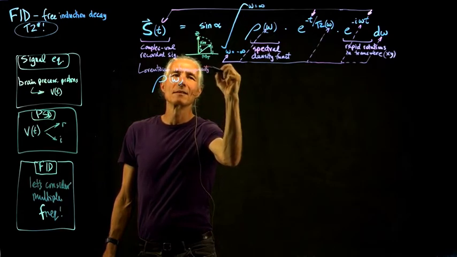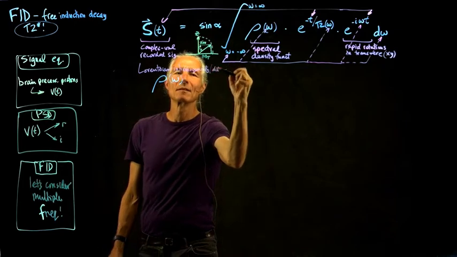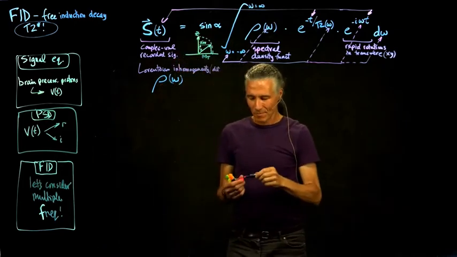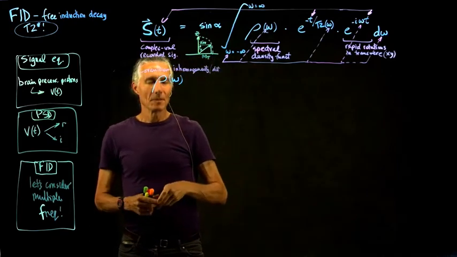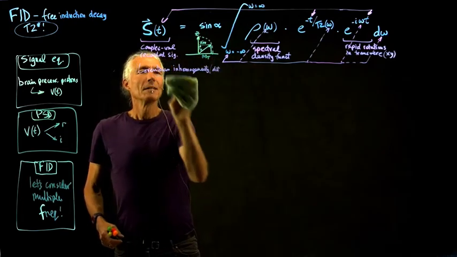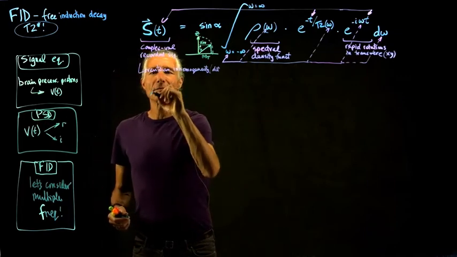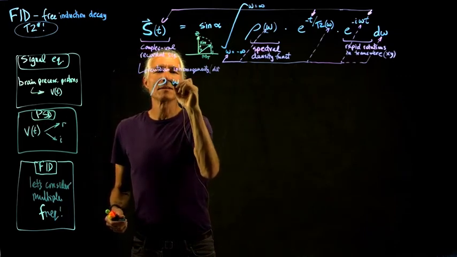Inhomogeneity or distribution. So what does our Lorentzian distribution look like? A couple of years ago I had the sign in the equation wrong for about a year, but I fixed that.